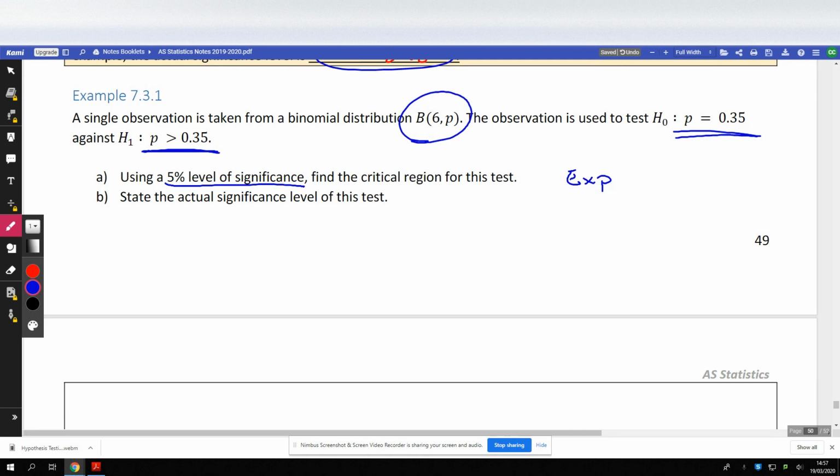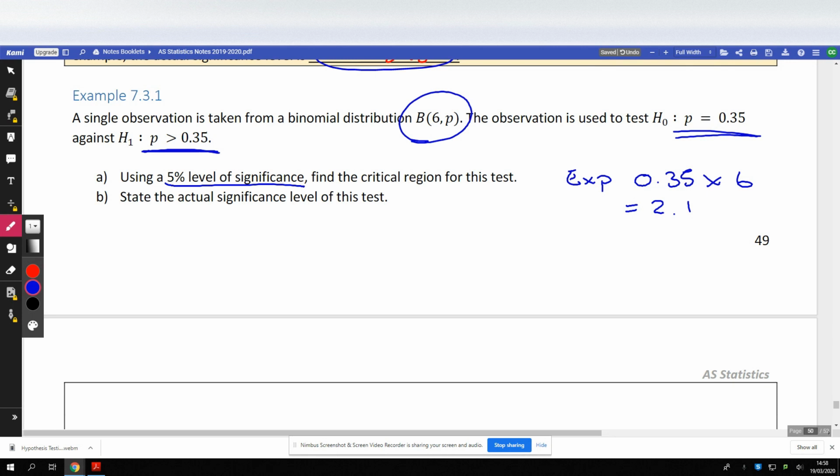So the expected value here is calculated by doing 0.35 times 6, which is giving us a value of 2.1. So if you're going to use your calculator, you're in binomial CD. On the list, you want to start after 2. So you're going to start at 3 in terms of putting the values in. So you might consider putting into the list section 3, 4, 5, 6.